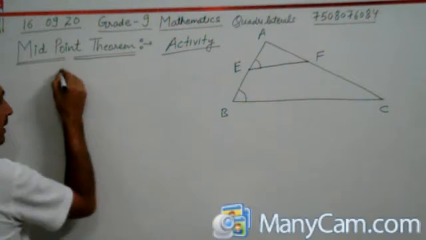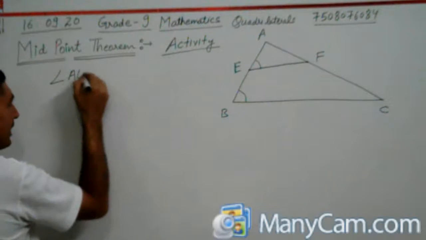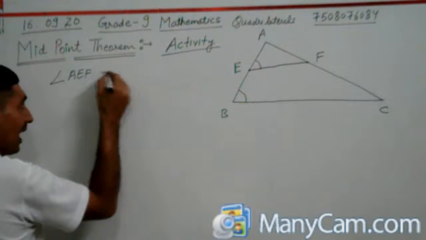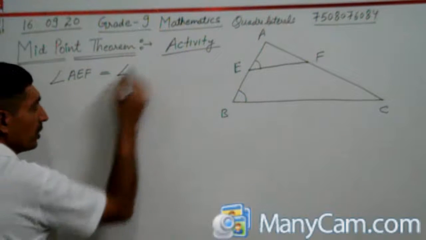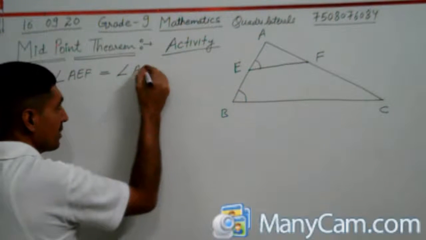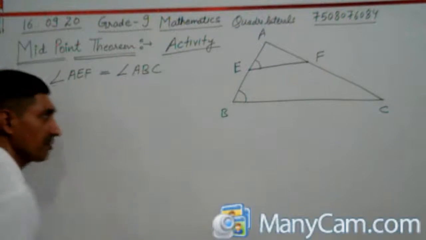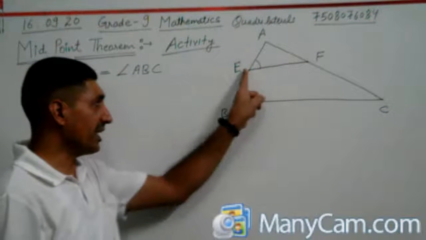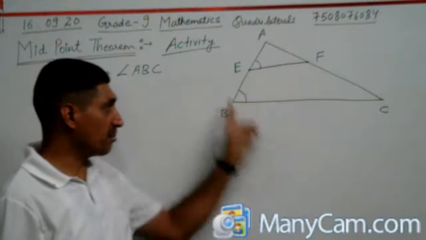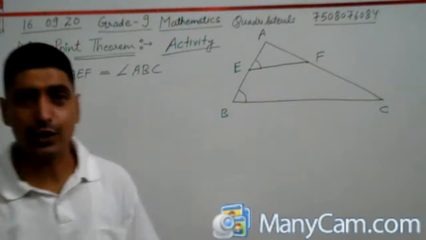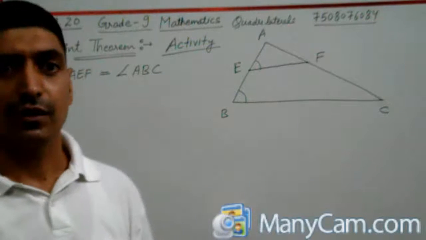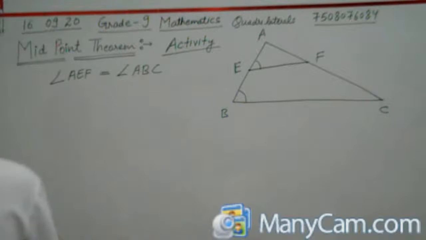Now when we measure these two angles, angle AEF is always equal to angle ABC. First thing you can measure, AEF and ABC, they are equal, corresponding angles.